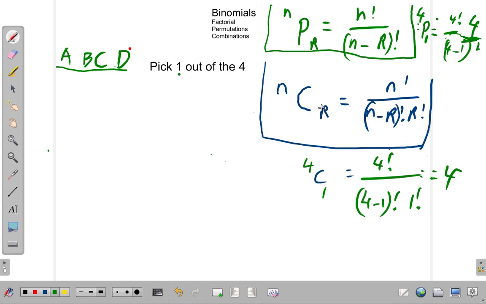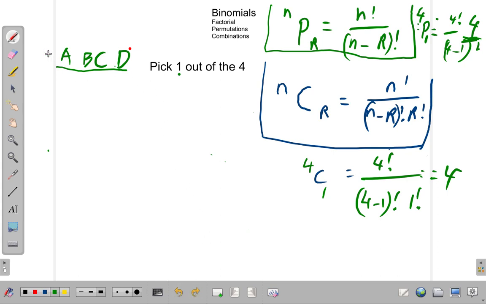For the combination, remember, it's nCr. That means the number available, C, the number you choose out of that, where the order doesn't matter. It's n factorial divided by n minus r factorial, where n is 4 and r is 1. So 4 factorial over 4 minus 1 factorial gives us 4. So there are 4 permutations and, at the same time, 4 combinations as well.